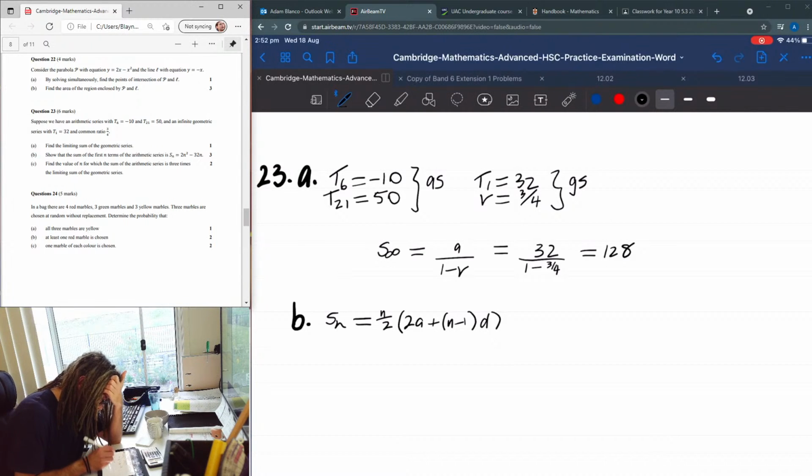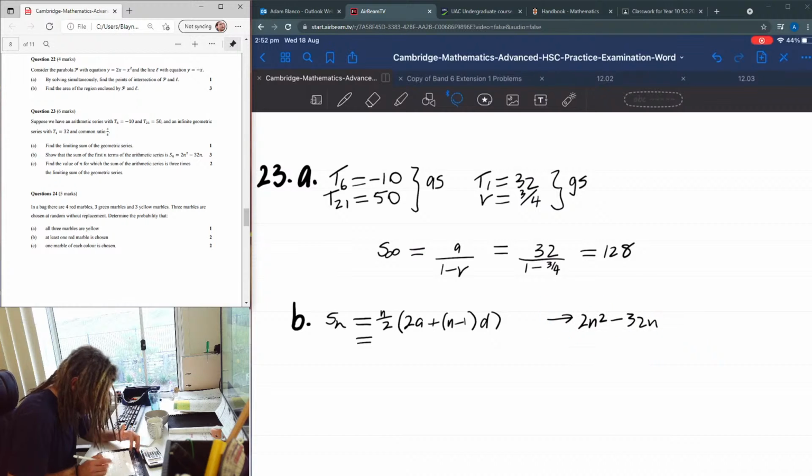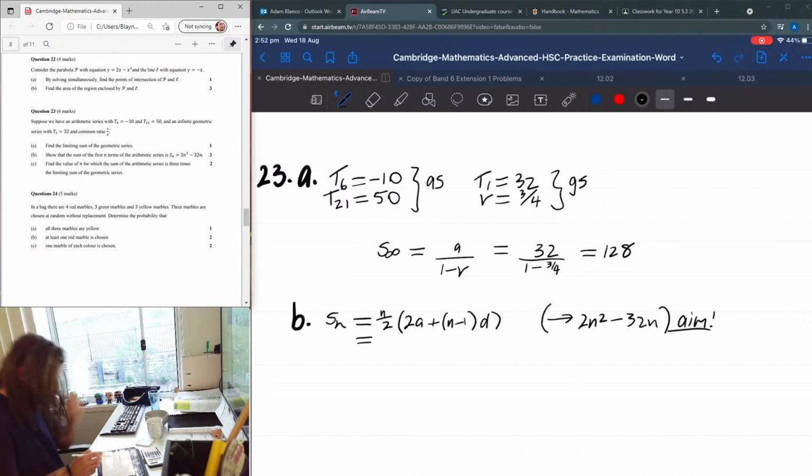Now let's start filling it in. I don't know what n is, so that's blank. What am I aiming for? I'm aiming for 2n squared minus 32n. That's my aim. Let's start subbing stuff in.